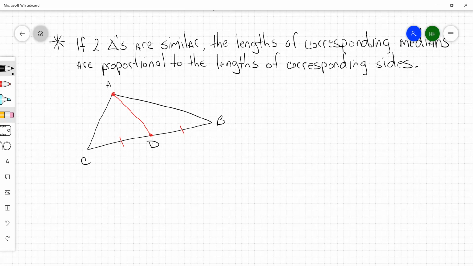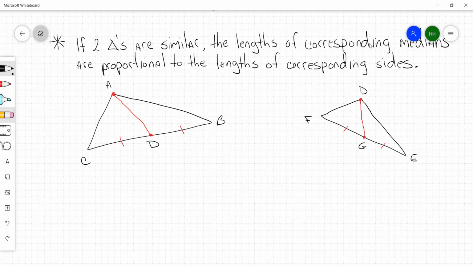It goes from a vertex to the middle of the opposite side. So if you've got another littler triangle over here, DEF, and there's a segment coming out of D, and it goes from D to the middle of the opposite side, DG would be called a median.